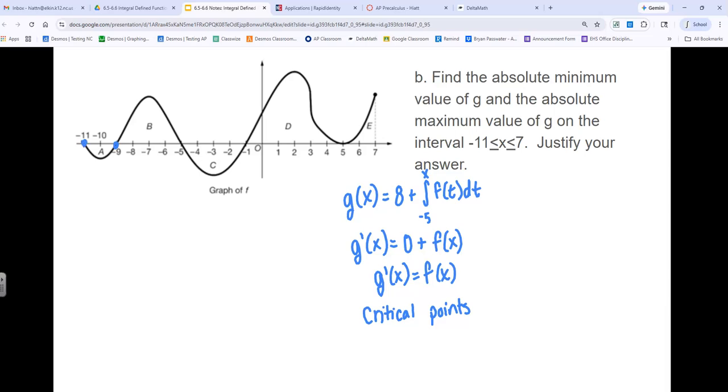That is going to be at x equals negative 11, x equals negative 9, x equals negative 5, x equals negative 1, and x equals 5. Which one of these could be a minimum?